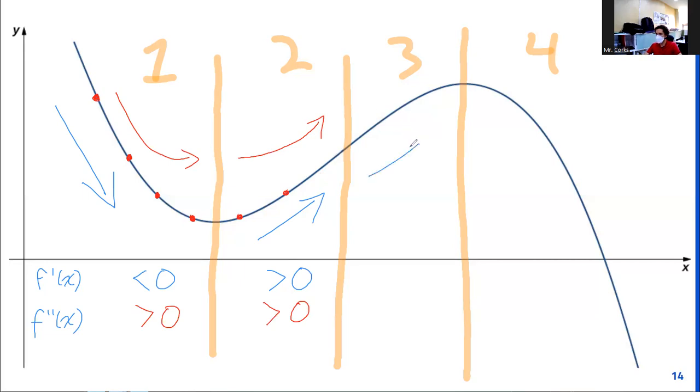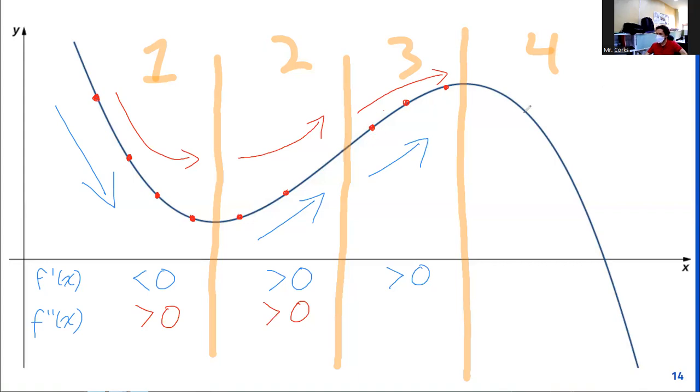Region 3, positive slopes, first derivative positive. Here, if we compare any 2 points going left to right, as we go, it is getting a little bit less positive, a little more negative.